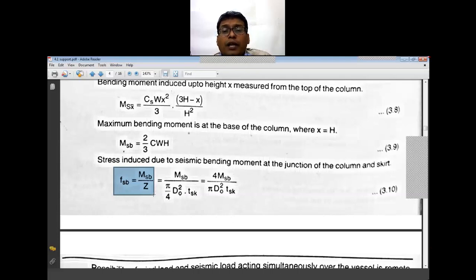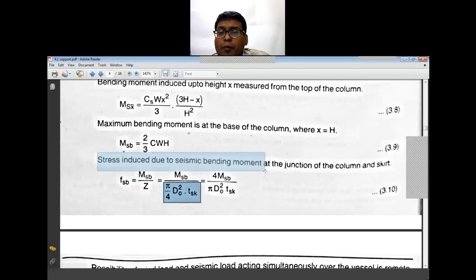I is the moment of inertia, and y is the distance from the neutral axis. So that makes it pi by 4 into dO square into TSK. So this is the stress induced due to the seismic bending moment at the junction of the column and the skirt.